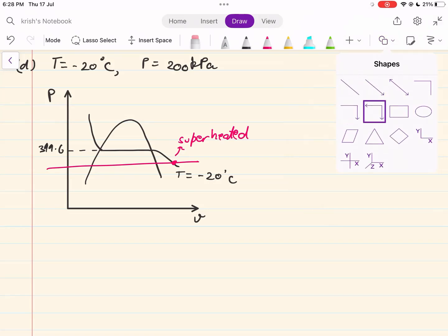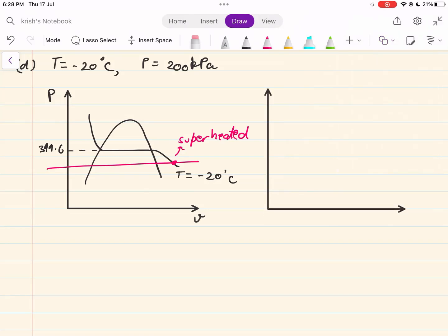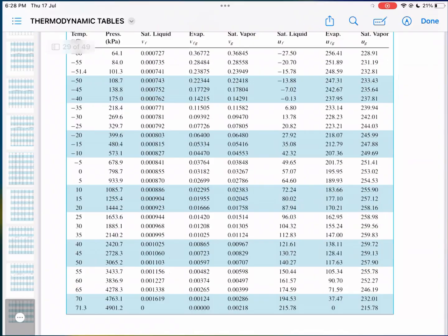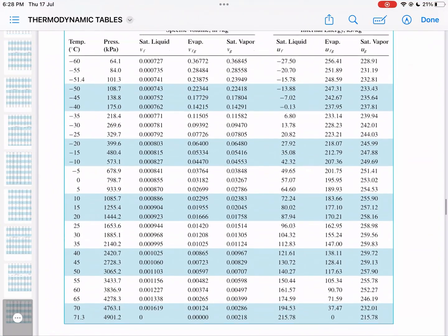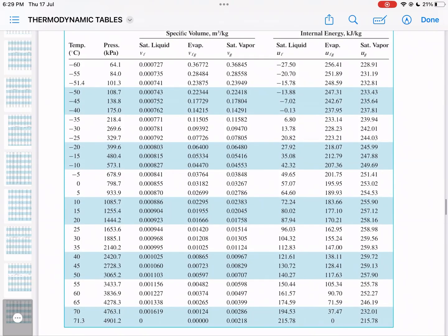And now an obvious question arises, what happens when we try to use a TV diagram? Is it wrong? The answer is no, it is not wrong, but it is quite difficult to find the values from the table. So we will have to look for the value that is closest to 200 kilopascals, which appears to be 218.4 degrees Celsius.